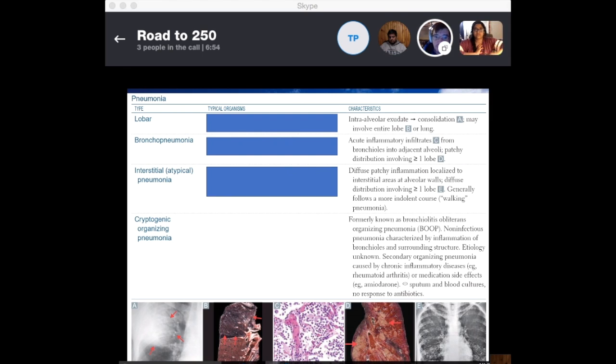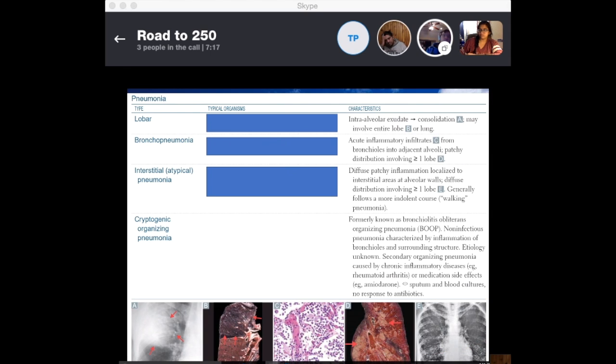But on chest x-ray for bronchopneumonia that's patchy, you would see something more along these lines, whereas on atypical, you see it again diffuse and everywhere. And then so we'll talk more about this, but this is the one that's more typical for like the walking pneumonia.